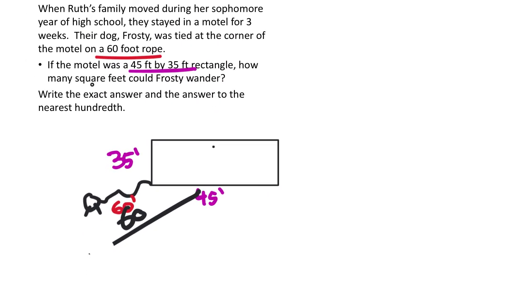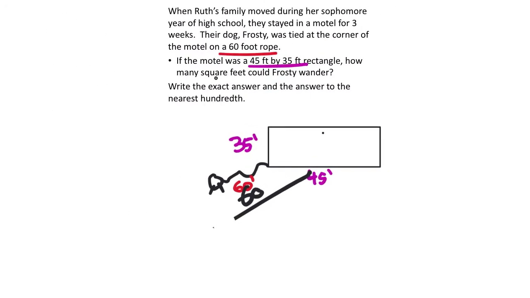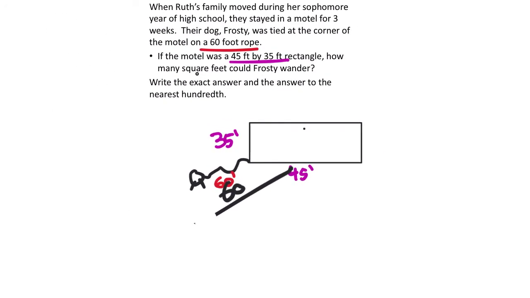Well, here's what happens. Old Frosty, I think I need space right there, 60 feet. From this, if he were to stretch out this rope right here, then he could go 60 feet in this direction, and then 60 feet in that direction. And let's just assume that I drew this real well.